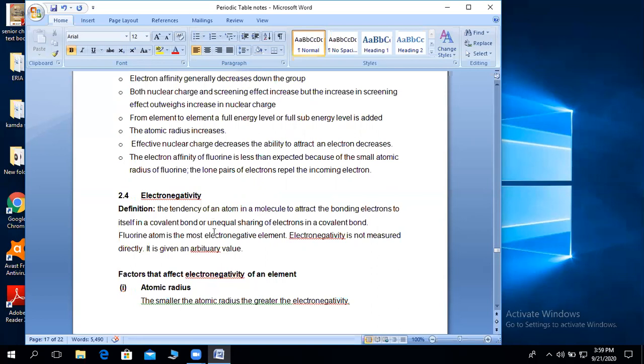So the tendency of the chlorine atom to attract the bonding electrons, the electrons between the hydrogen and chlorine bond. When chlorine attracts those electrons towards itself, that's what we call electronegativity.